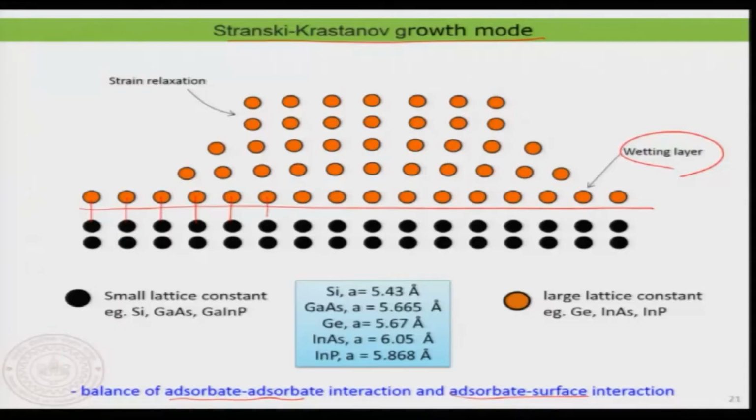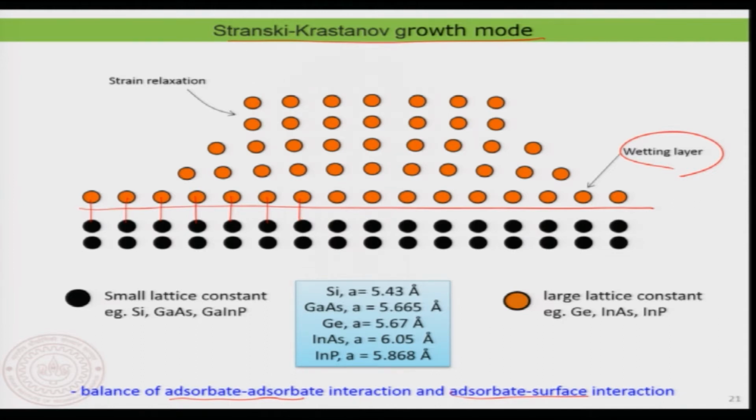But this is also an interesting point to note here. Even if the misfit between the adsorbate layer and the surface layer is large, they would relax to a very large extent at the interface, and all atoms would just sit on top of the surface, and that way you form the first layer.